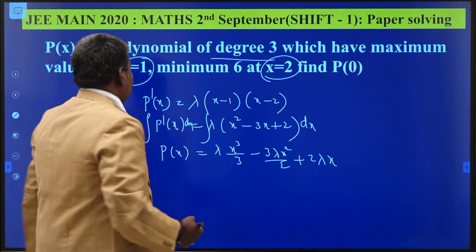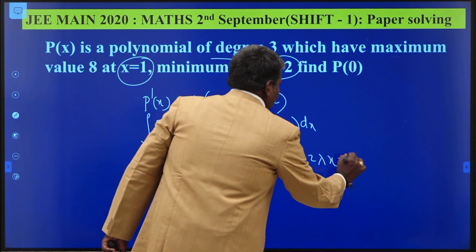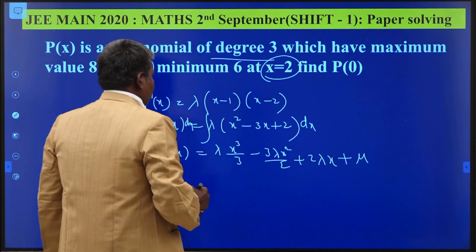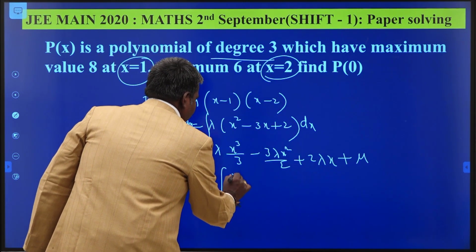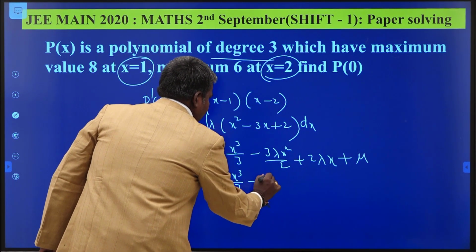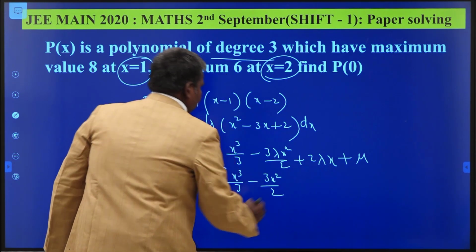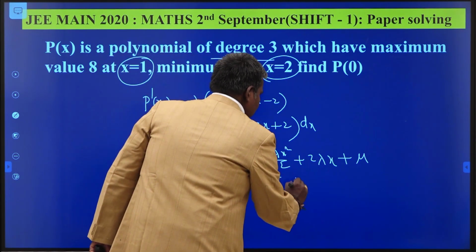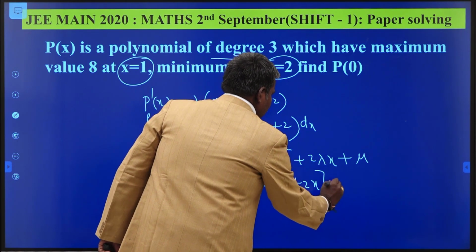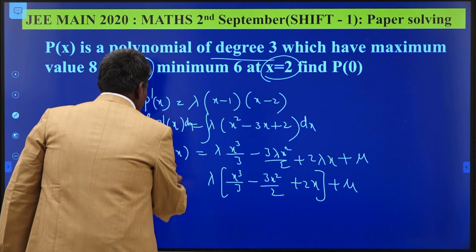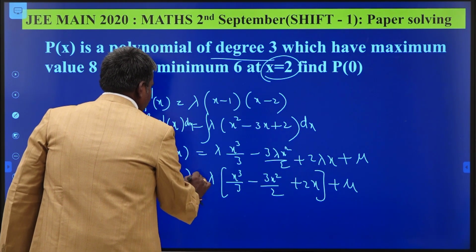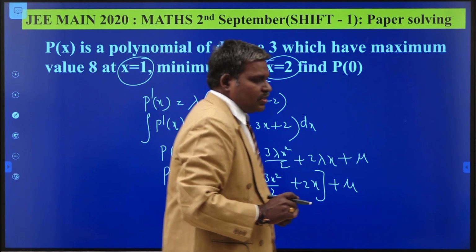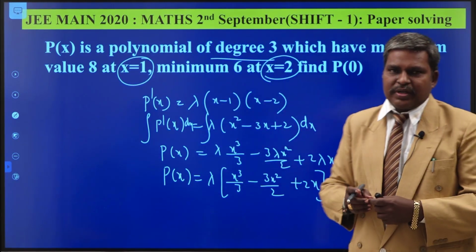This is my P of x. Finally, you get the integration constant mu. So lambda times of x cube by 3 minus 3x square by 2 plus 2x, plus mu. This is my P of x. Once you get the values of lambda, mu, your job is over.